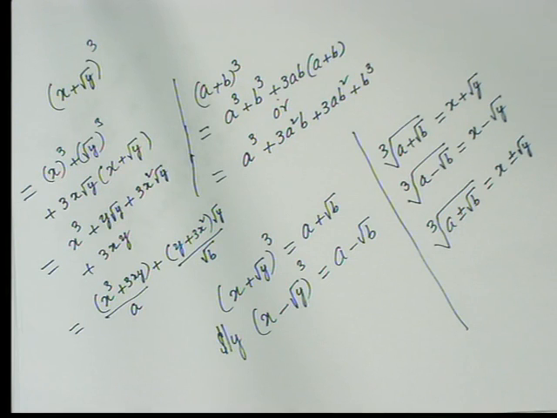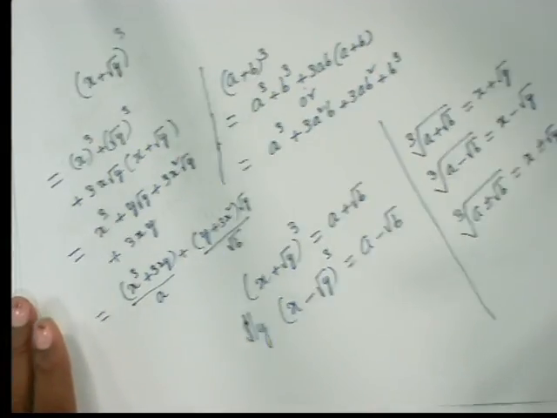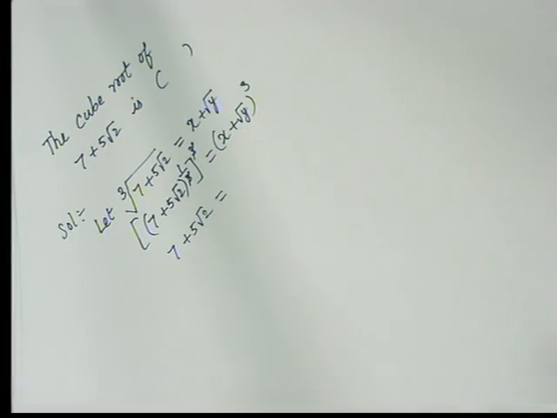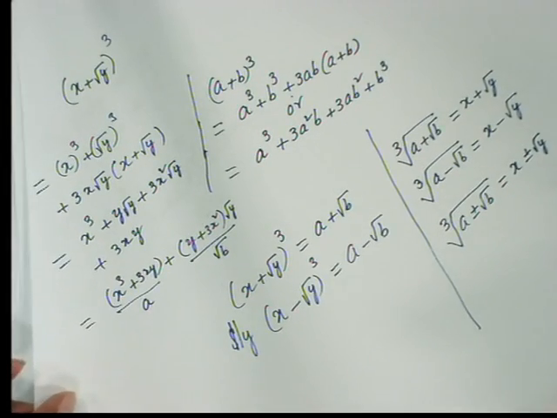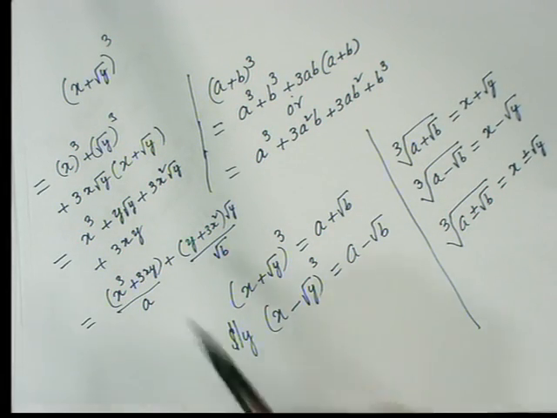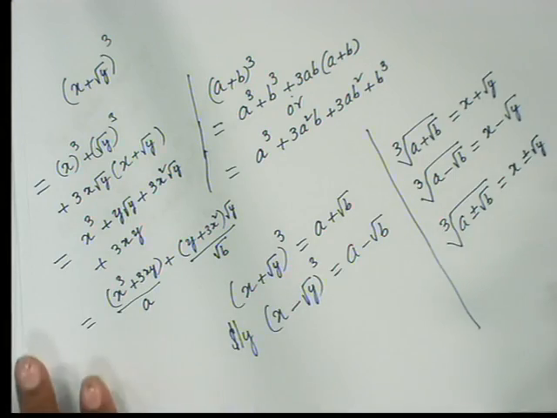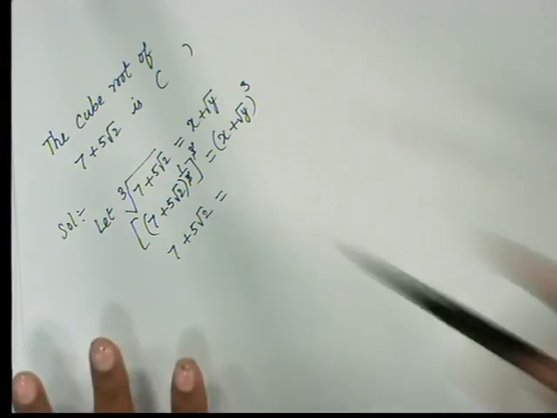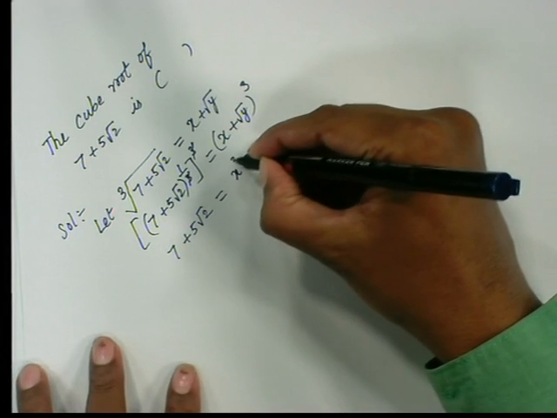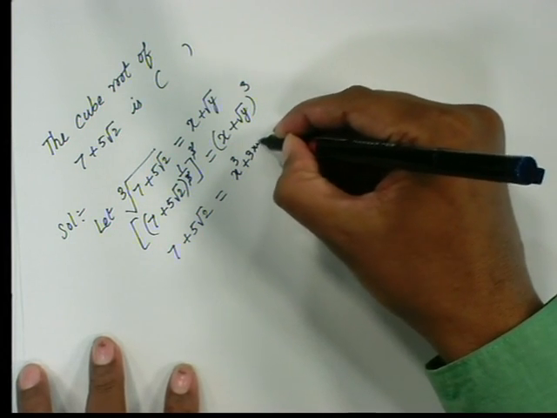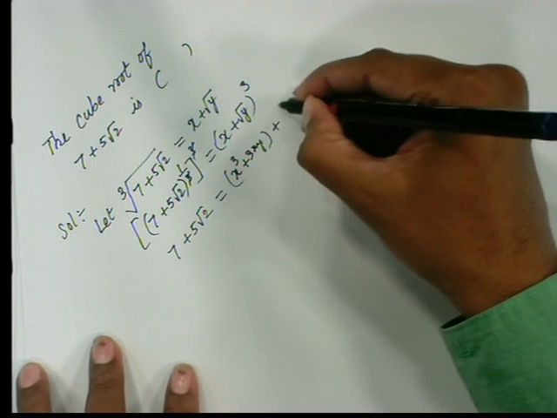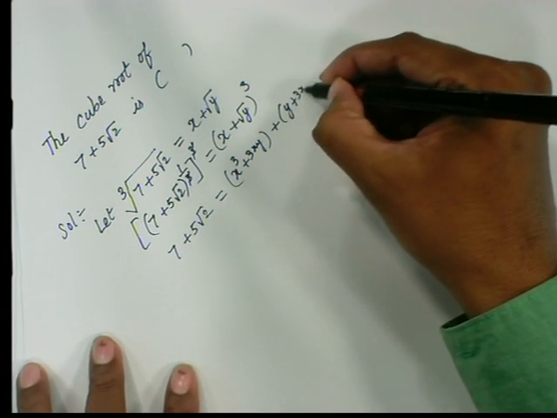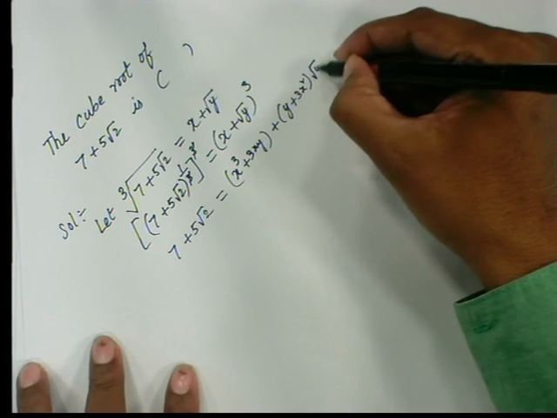What is x plus root y whole cube? See here, x cube plus 3xy plus y plus 3x square root y. So, I am writing it directly. Once again I will show you for your clarity. Just concentrate here. So, now this can be written as x cube plus 3xy plus y plus 3x square of root y.